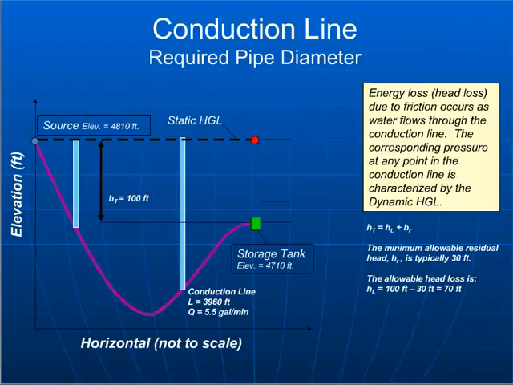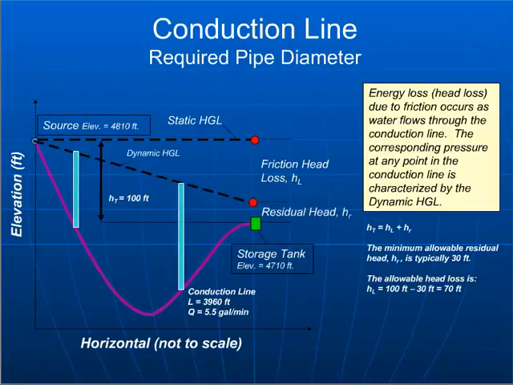And so what we want to do is make sure that when the water's flowing at our specified rate of 5.5 gallons per minute, that hydraulic grade line always pushes water in the right direction, and so that's really described by that dynamic hydraulic grade line.